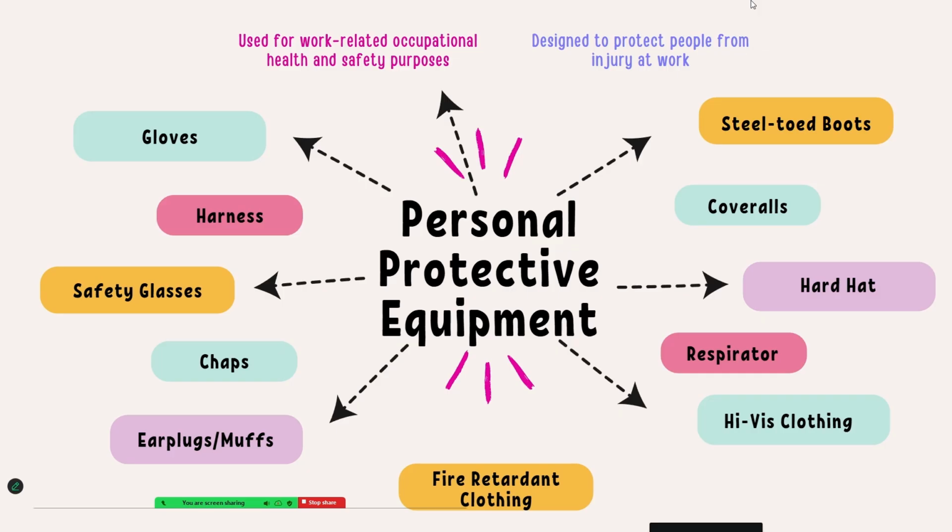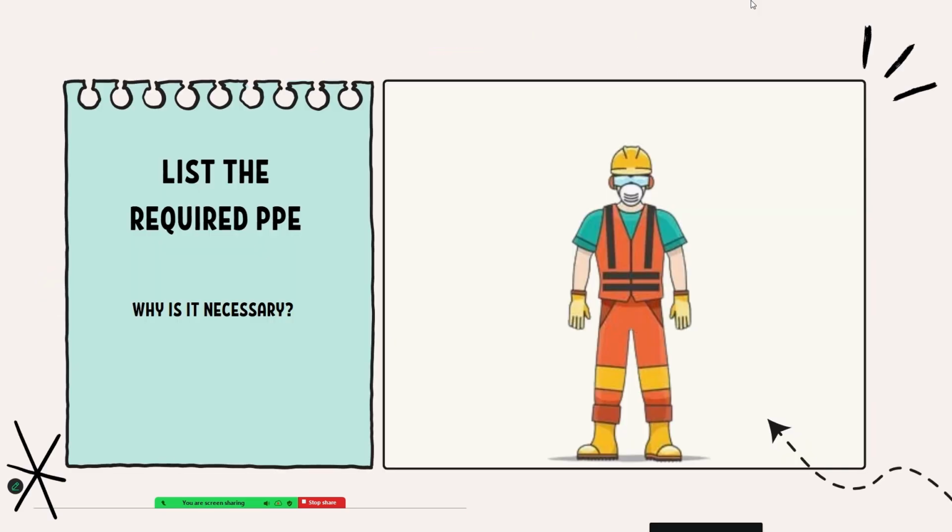It might be steel-toed boots, coveralls, a hard hat, a respirator, high-vis clothing, fire retardant clothing, earplugs or muffs, chaps, safety glasses, a harness, gloves. All of these are examples of personal protective equipment.